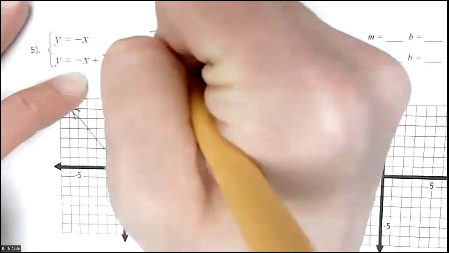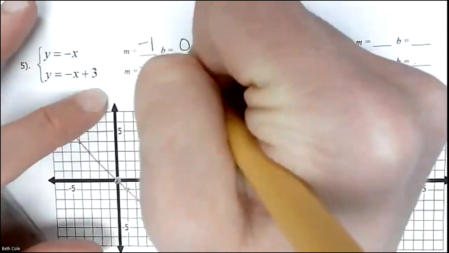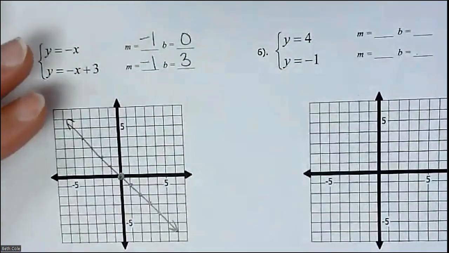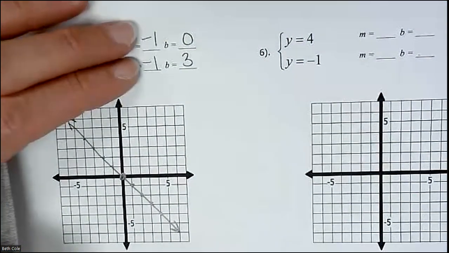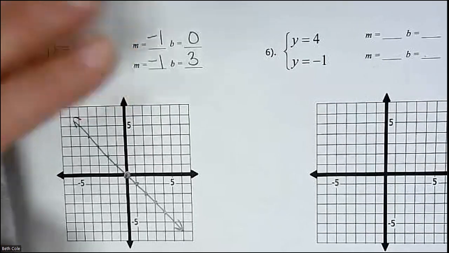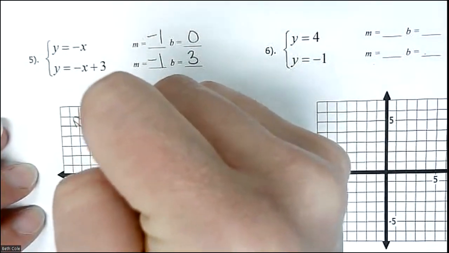All right, and then the other one. Slope is -1, but your y-intercept is different this time. Your y-intercept is 3. But before I draw this, if they have the same slope, what does that mean? They are parallel. Okay, so that's what we're expecting it to look like. So for this one, you're going to start at 3. That's right here.